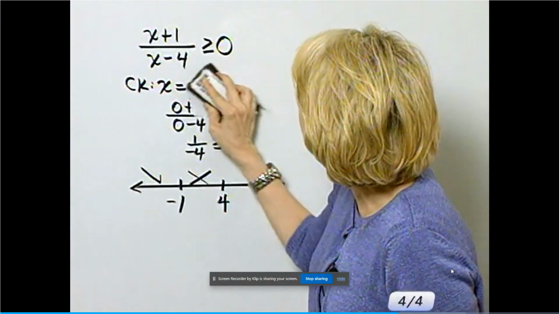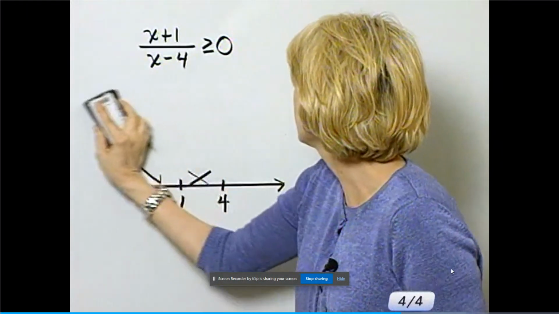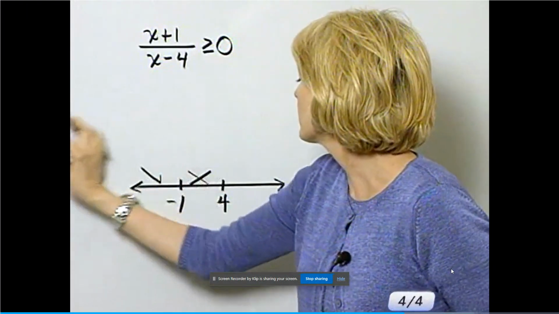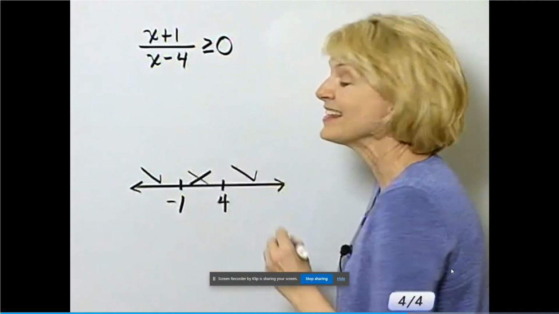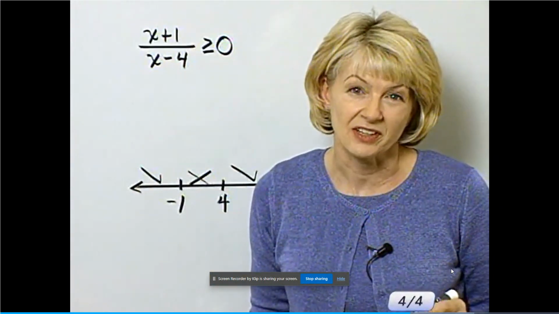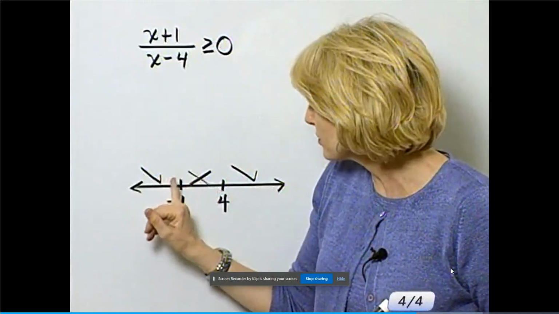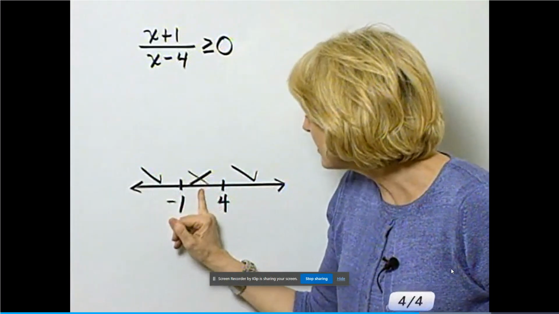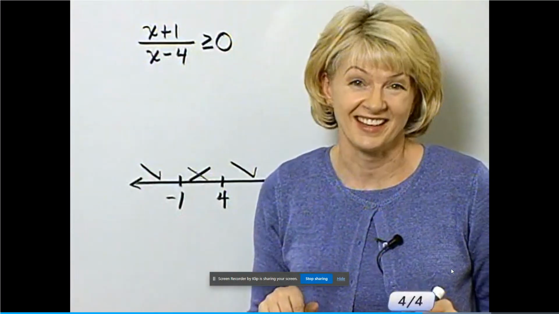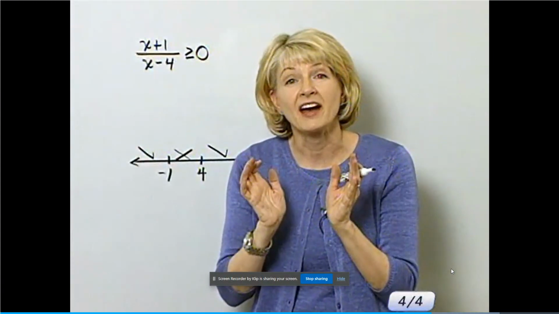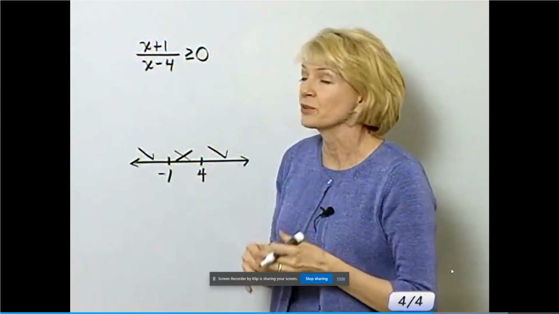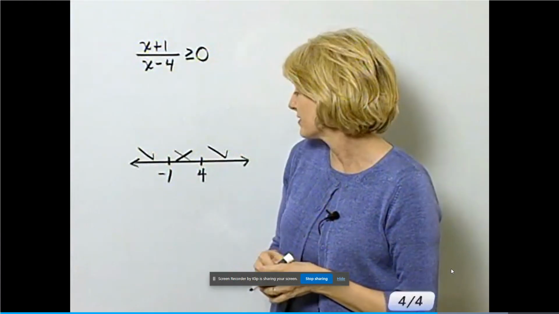And then I'll let you check any number greater than 4, you'll find that it is a solution region. By the way, you might want to experiment a little bit and see if these regions alternate again, as we were talking about with polynomial inequalities. Just be careful when you have any kind of factor occurring more than once.